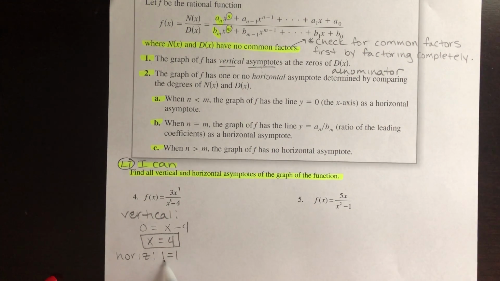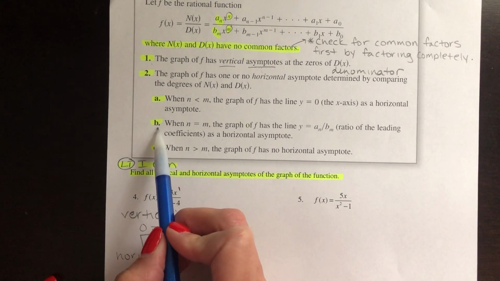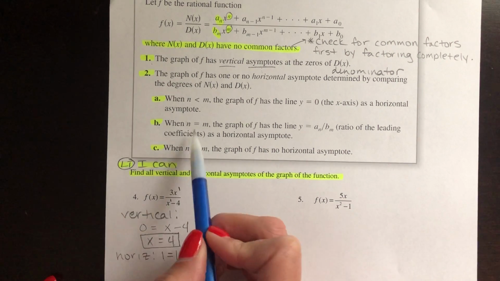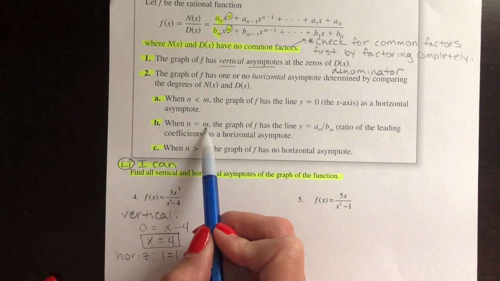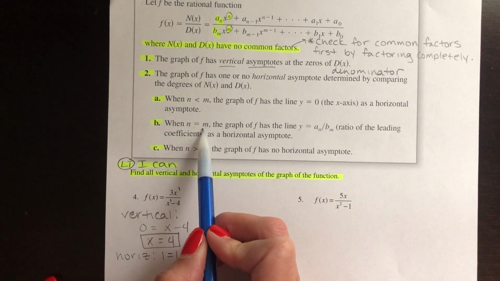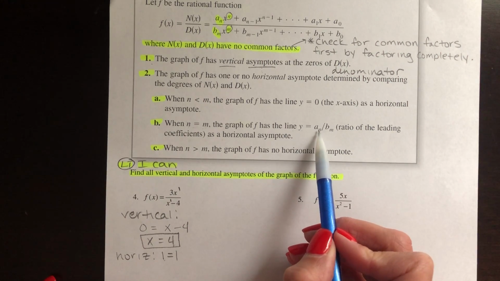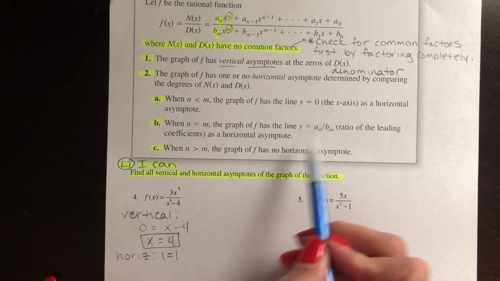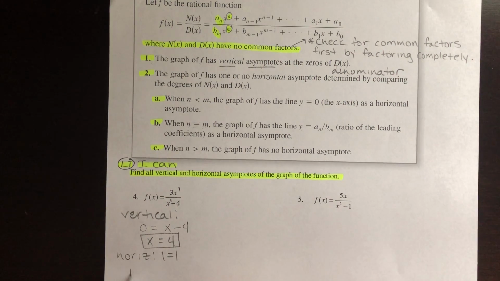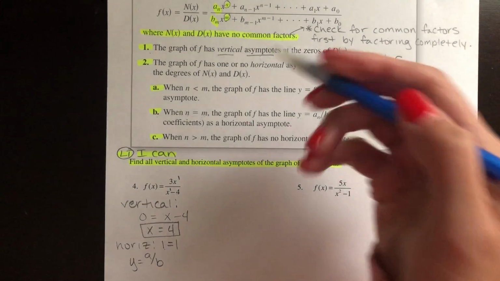So this case, when they're equal to each other, falls under B here. When the degrees of the top and bottom are equal to each other, then the graph has the line y equals a over b as a horizontal asymptote. So y equals a over b. And let's look up here.